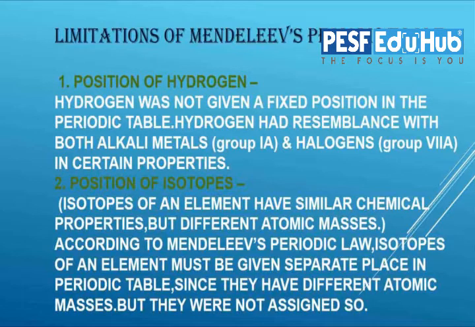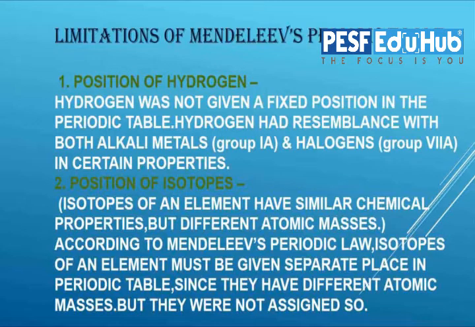The first one was the position of hydrogen. You already know that hydrogen is the first member of the periodic table. So Mendeleev could not give a fixed position in the periodic table for hydrogen.